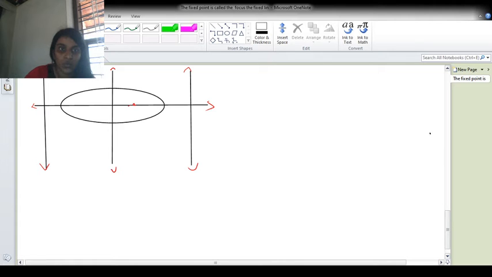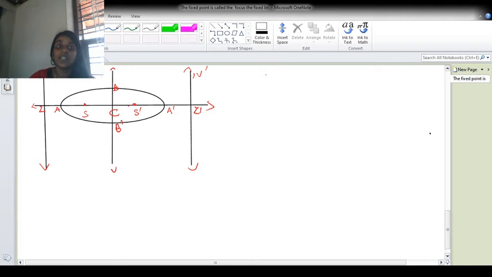Here are the two fixed points, S and S dash. A dash, Z dash, N dash. A, Z, N. The center point is C. And here B and B dash.